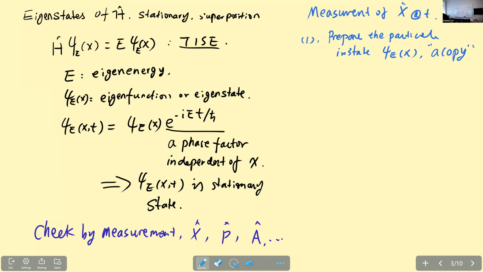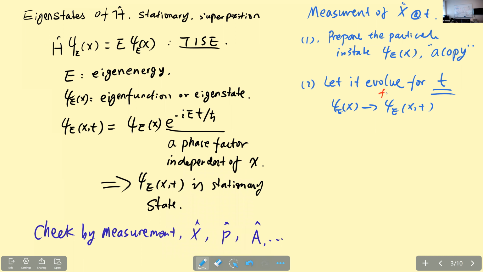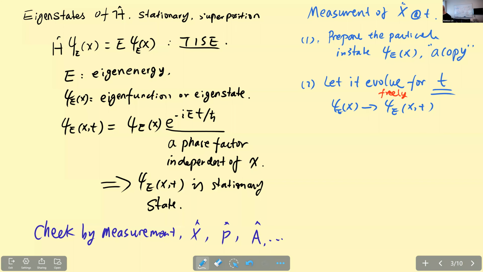And then you let it evolve for t, okay? And then the state becomes ψ_E(x,t), right? So that state evolves freely, okay? You should make sure this evolution is free, governed by the Hamiltonian, okay? Don't do anything on this state at this point, okay?